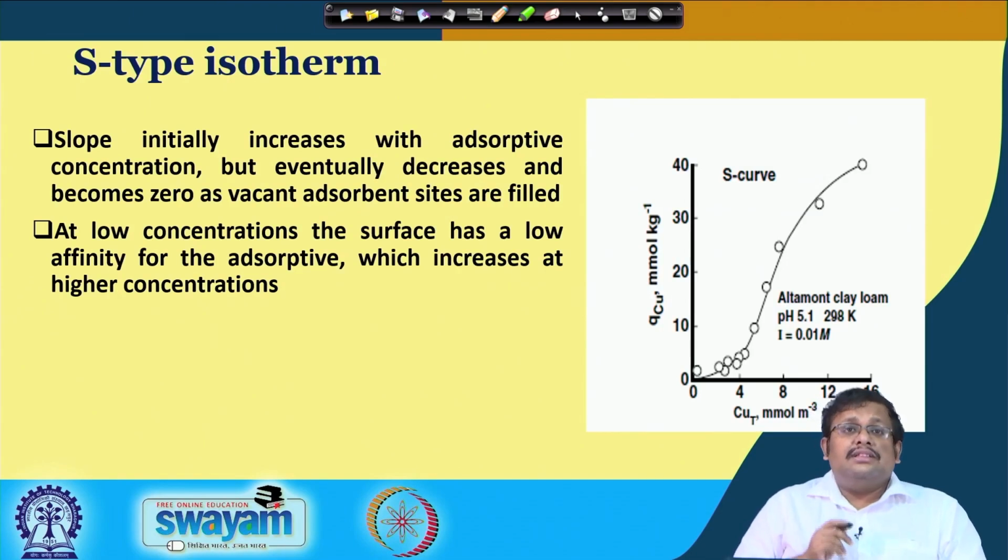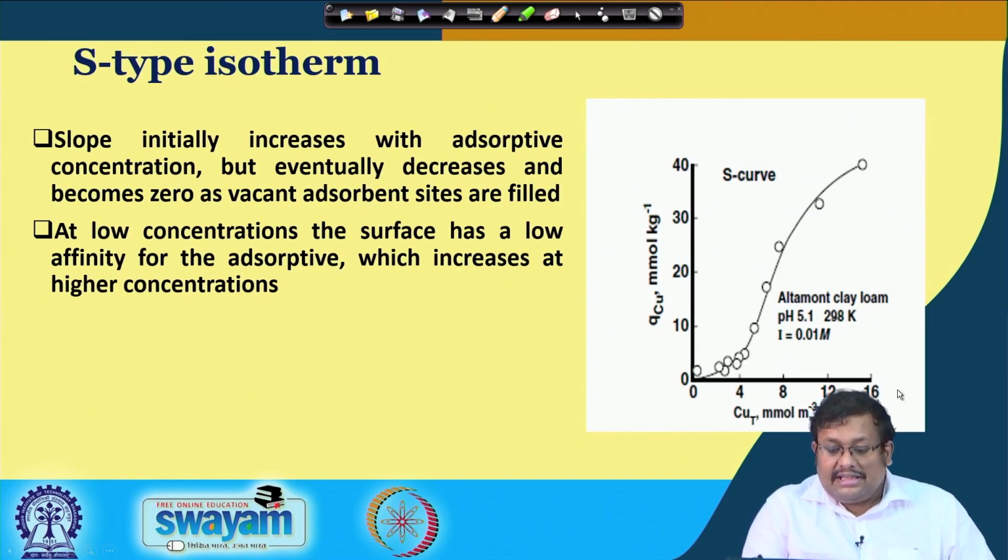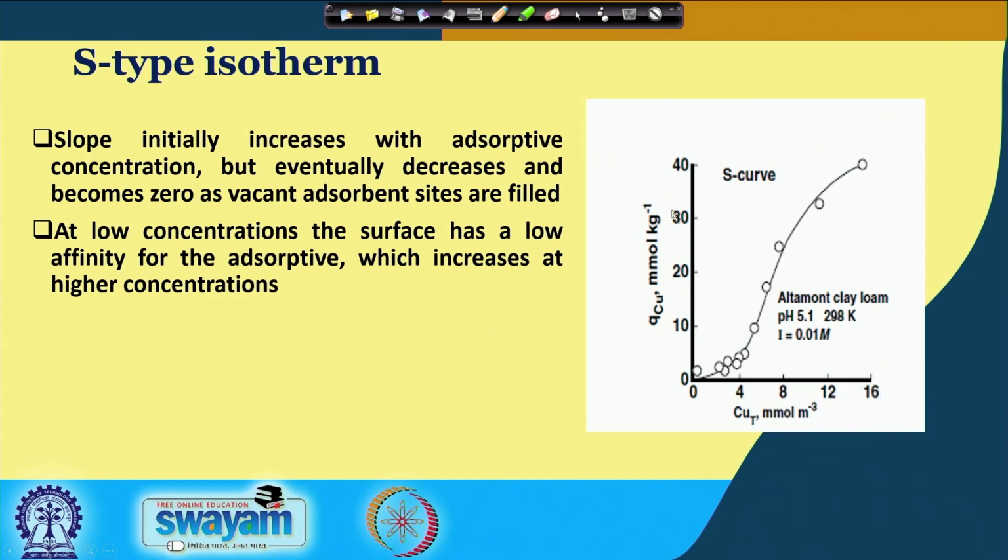First of all, this is an S type isotherm, and we can see if we plot the concentration of a particular species in the soil solution and the concentration of the adsorbed fraction on the clay surface, as the concentration in the soil solution increases, this is an S type of curve.